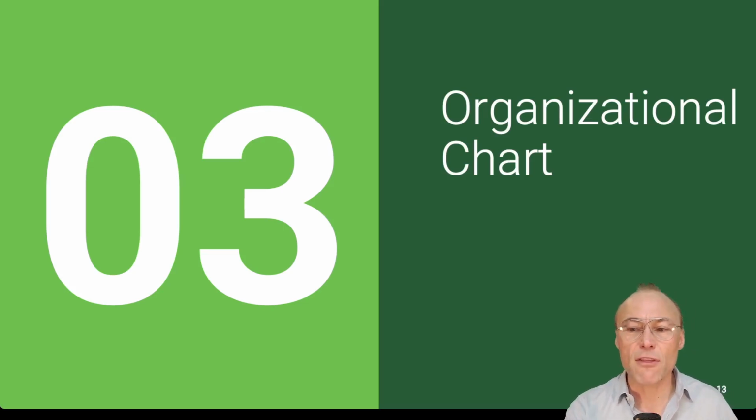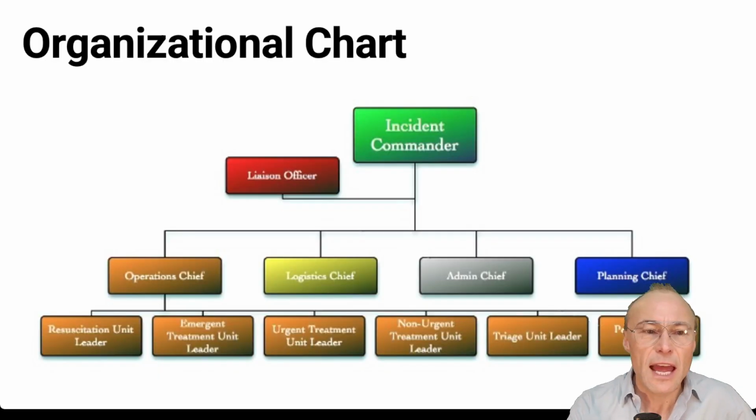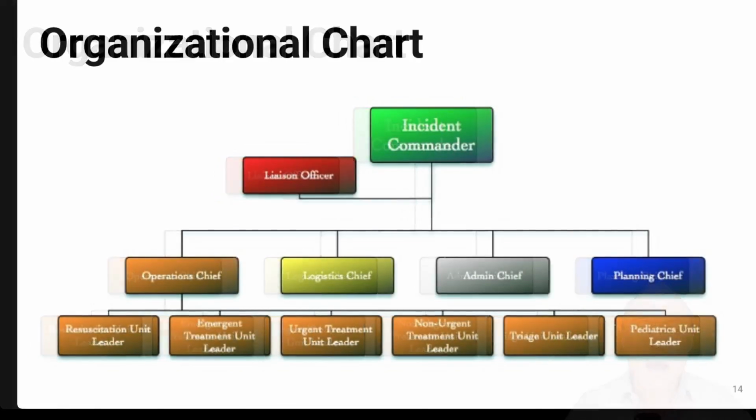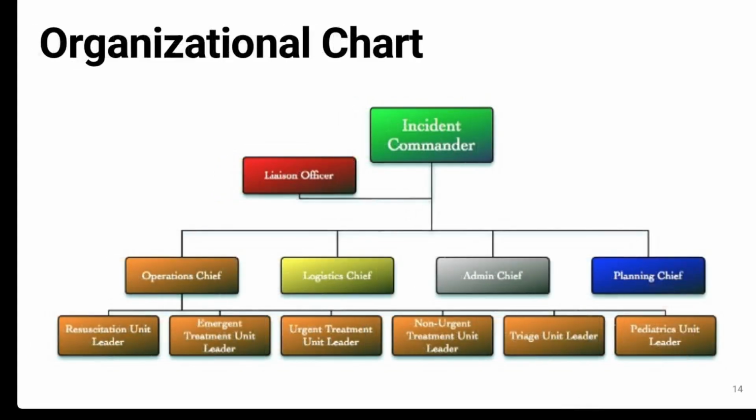Number 3, the third vital component is an organizational chart. Now, whatever organizational system you use, some people prefer to use incident command system, some people use others, but whatever you use, you need to have an organizational chart for your disaster response.